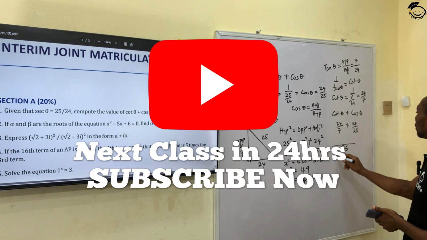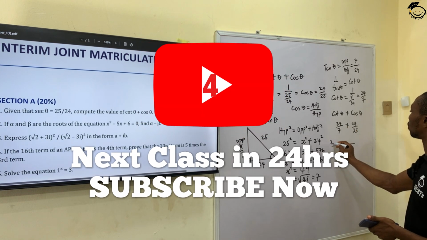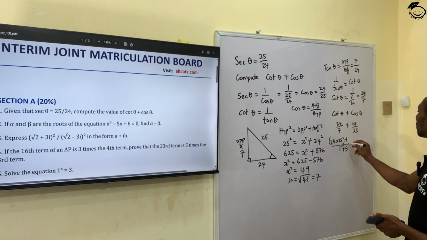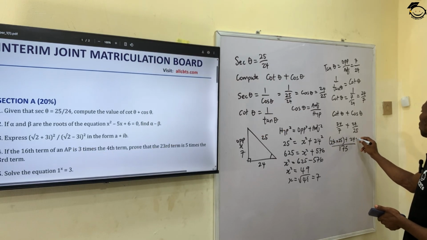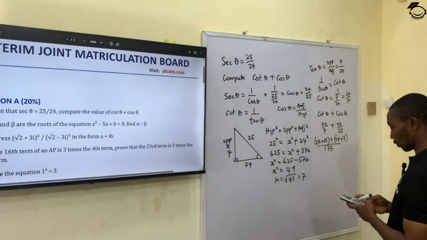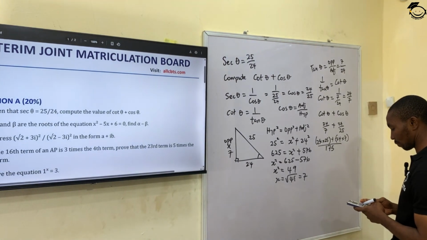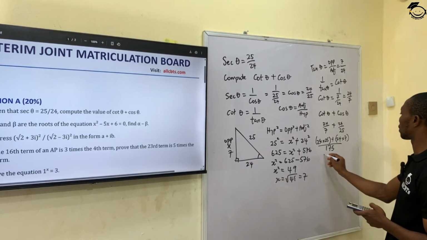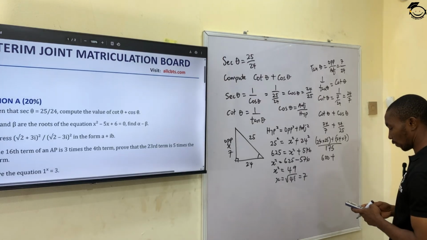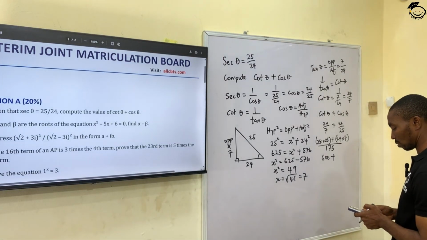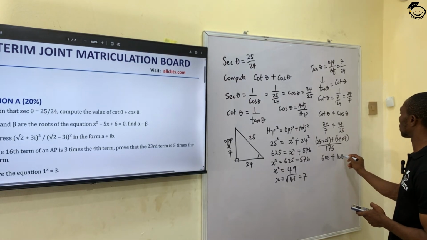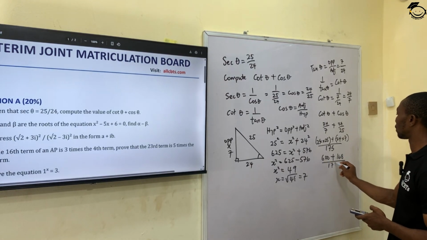So 7 here will give us 24. So this will be 24 times 25 plus 24 times 7. Okay, so 24 times 25 would give us 600 plus 24 times 7 would give us 168 all over 175.